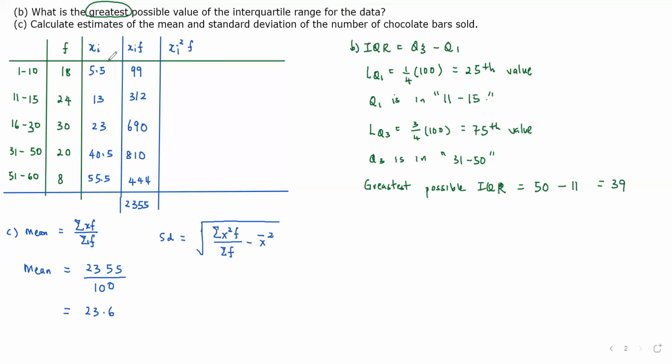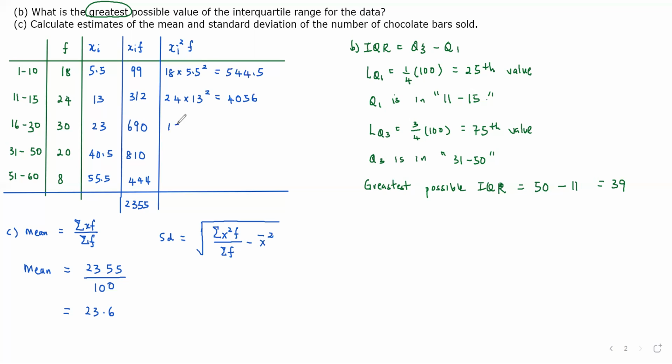So you square 5.5, multiply this by 18. Then you have 18 times 5.5 squared, and that is 544.5. For the second class, you have 24 times 13 squared, and that is 4056. Do the same for the rest.